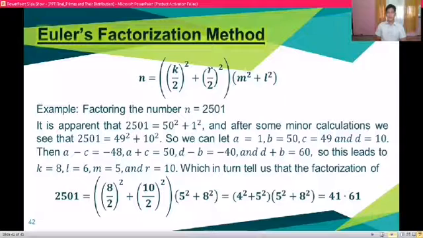So, kung i-substitute na nato ang mga values ni K, L, M, R, and N, we will arrive at 41 times 61. So, therefore, ang atong values nga gipangita kay 41 ug 61.